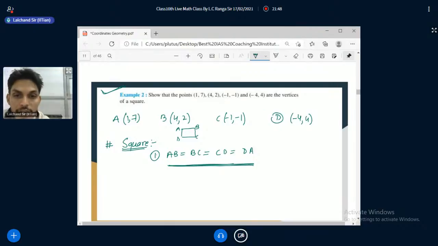Yes, each angle is 90 degrees, but we cannot prove the angle with the help of the distance formula.